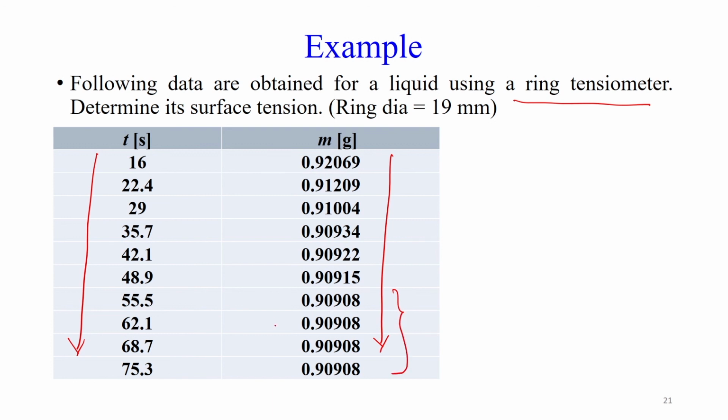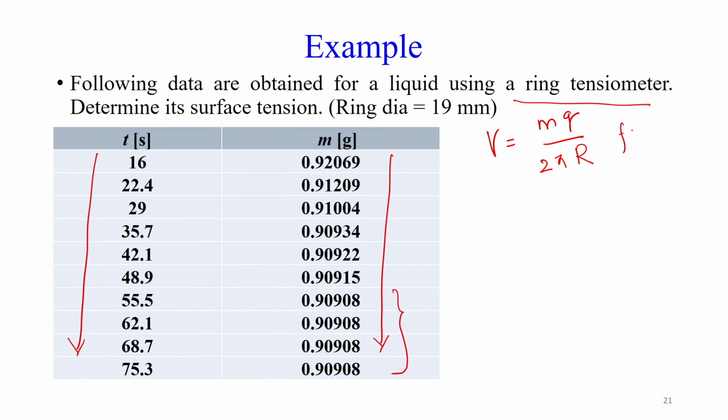So, this particular mass will give you the value of the surface tension of that particular liquid. If you remember how to calculate based on the ring method, the surface tension will be mg upon 2 pi R, where capital R is given.